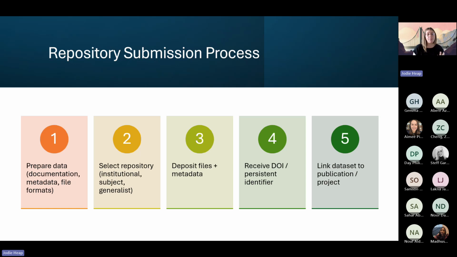So the sort of typical repository submission process is, in the first instance, the researcher prepares the data. So we're looking at documentation to support the use of that data. Only you know how to use this data. We're looking at metadata, so who created it, where was it created, etc. Looking at the files and formats that information can be presented in.